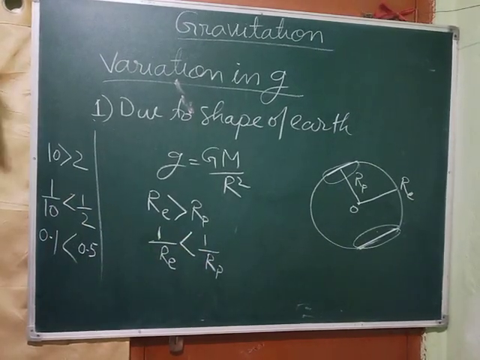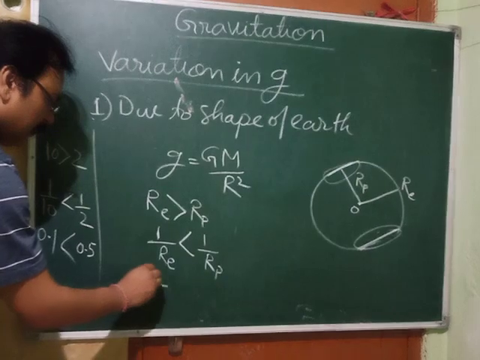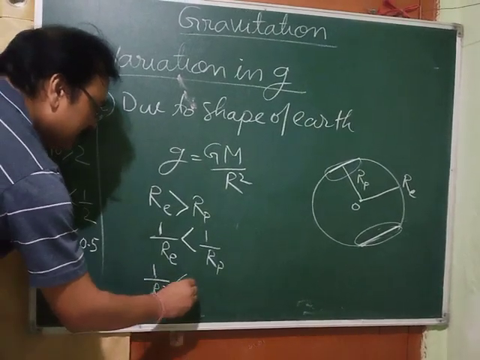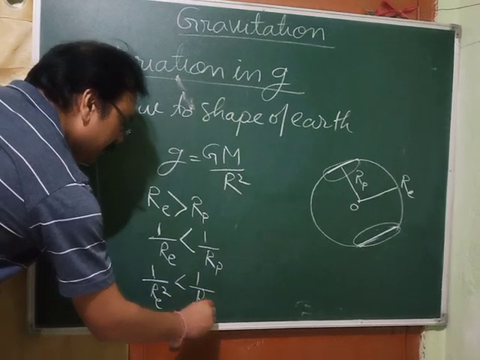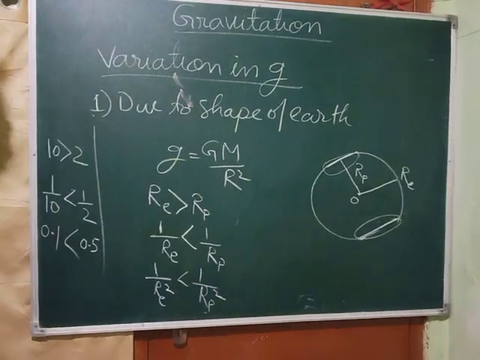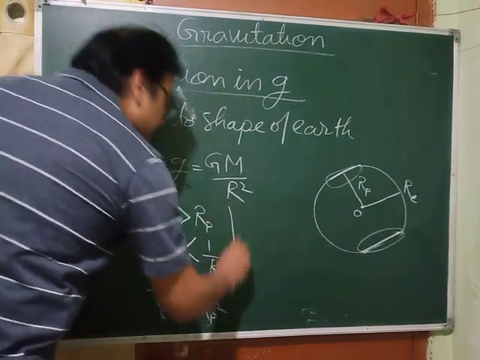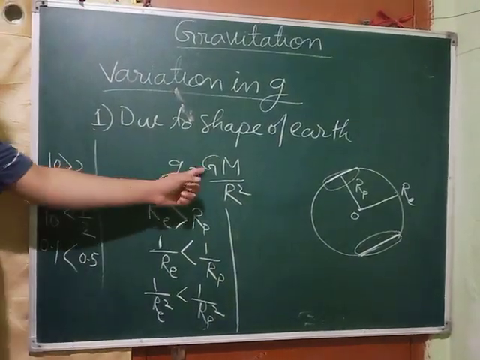Squaring both sides, we get 1 by RE square is less than 1 by RP square. Now we can multiply the same thing on both sides, obviously GM.